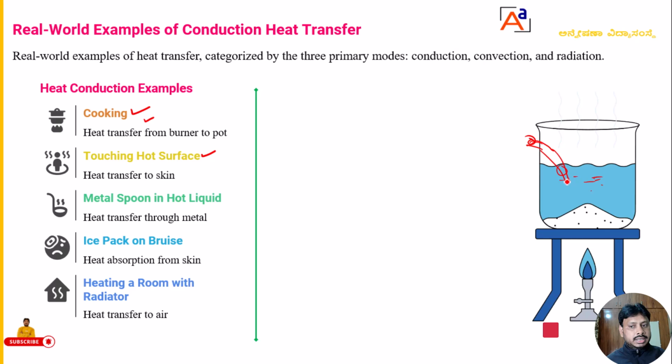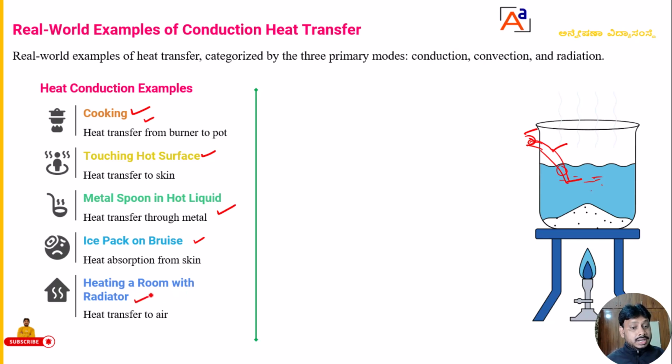That means heat is transferred from this point to this point through a metal body, and we call that conduction heat transfer. Hence, a metal spoon in a hot liquid is also an example of conduction heat transfer. Like that, an ice pack on bruise, that also you can take as an example.